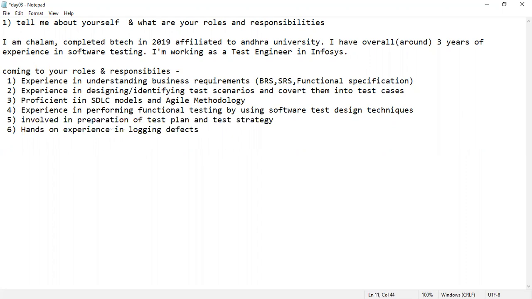Logging means just registering the defects in tools like HP ALM and Jira. These two are defect tracking tools.